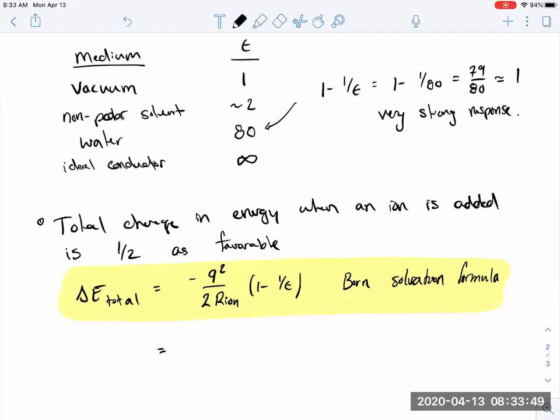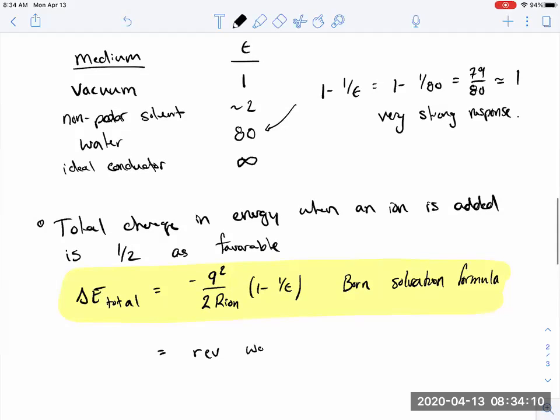You can think about that total change in energy. We've done this reversibly. We've done a thermodynamic calculation where we've taken an ion from somewhere and moved it into the solvent. So this is equal to the reversible work to move an ion between something that it doesn't interact with to a solvent which it does interact with.